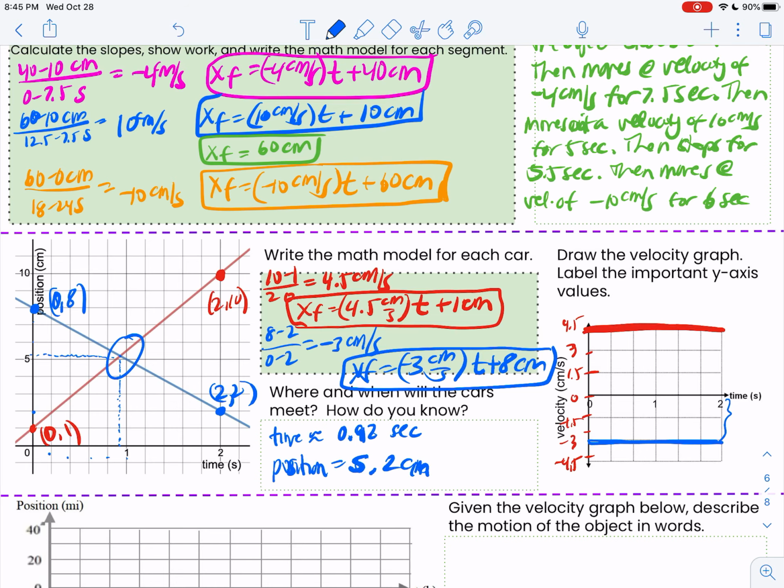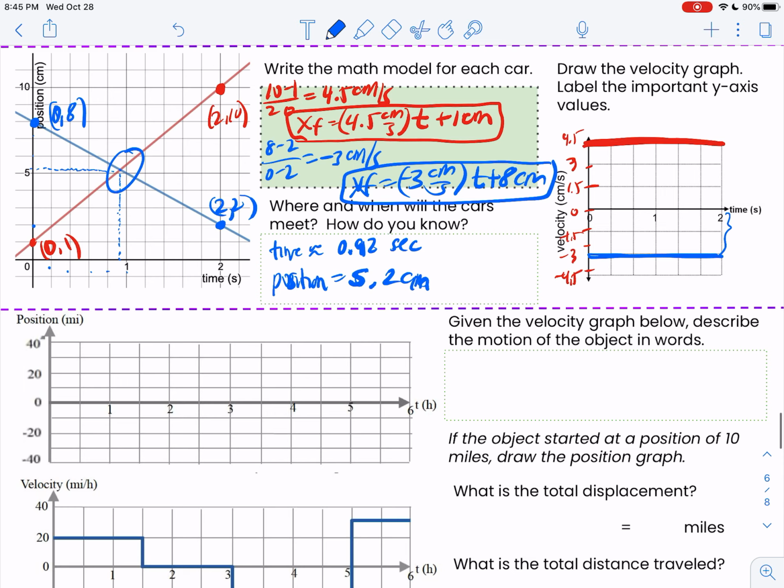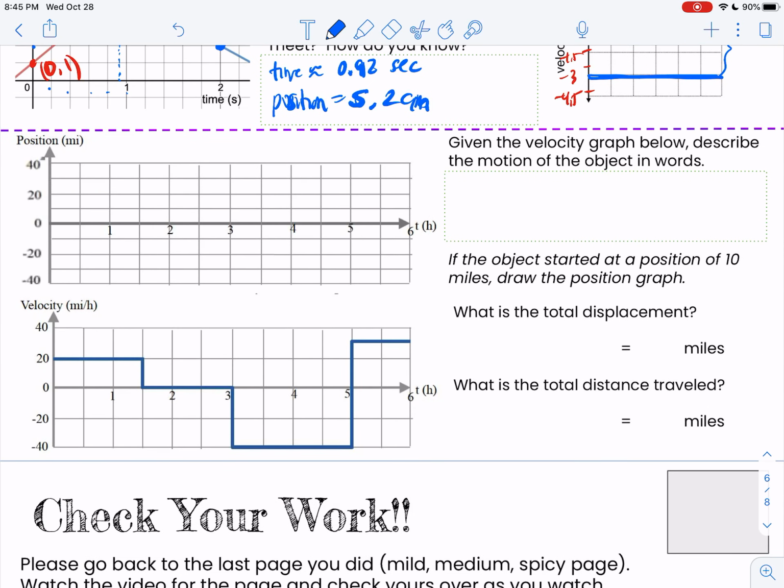Okay. All right. Okay, given the velocity graph below, describe the motion of the object in words. Okay, so the object moves at a velocity of 20 miles per hour for 1.5 hours.